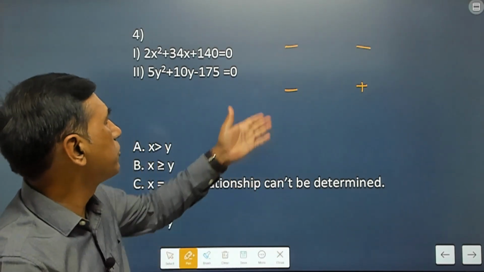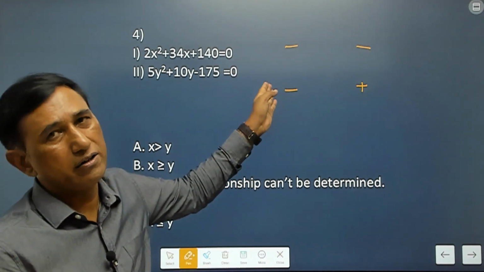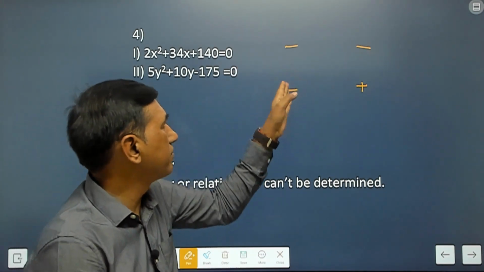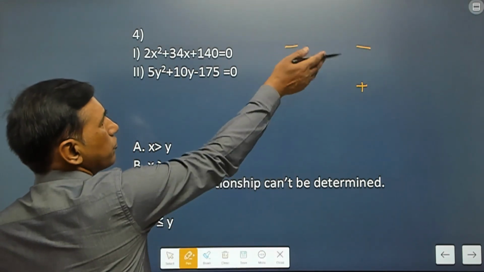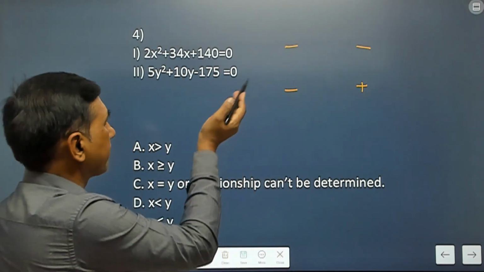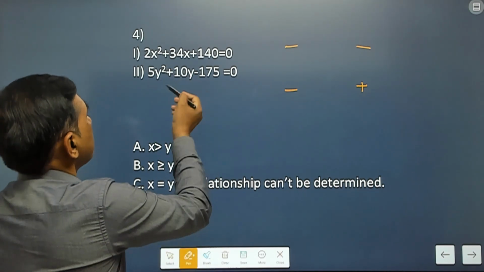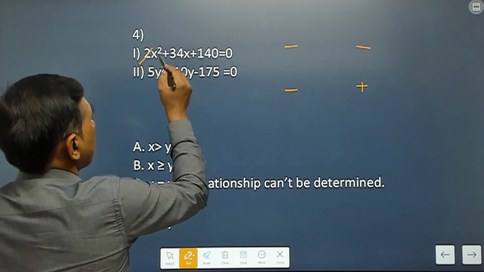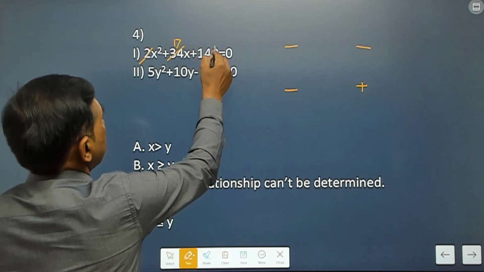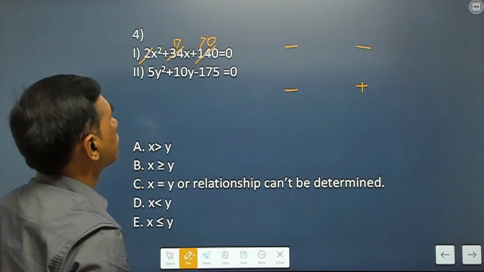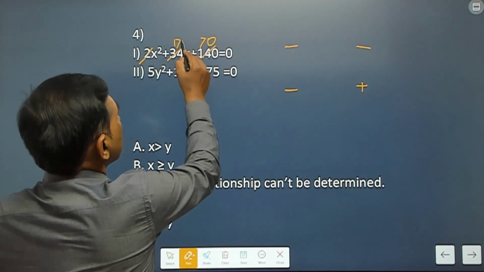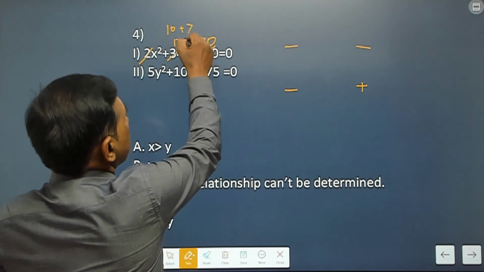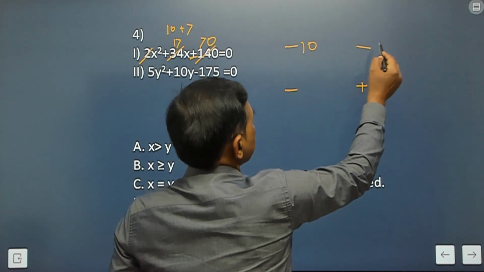My habit is to write the greater one in the left side. So that's why I am putting it like this only. And this, since we don't know, so that will be as it is. See, here we can easily cut it 70 and this is 70. So now you have 1, 7 and 70. Since it is plus, so this has to be added. So 10 plus 7. So your root is minus 10 and minus 7.